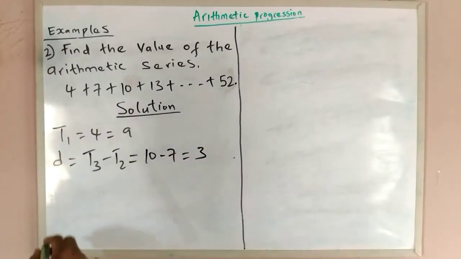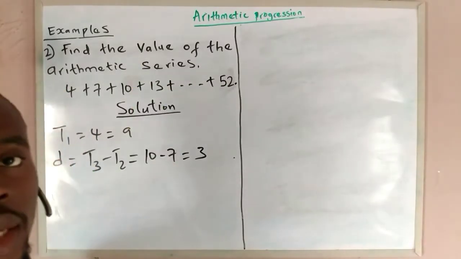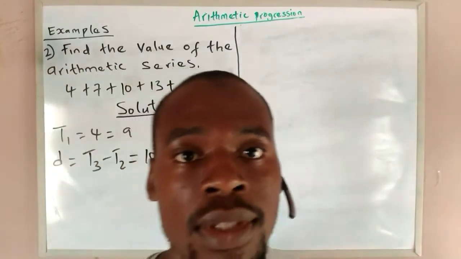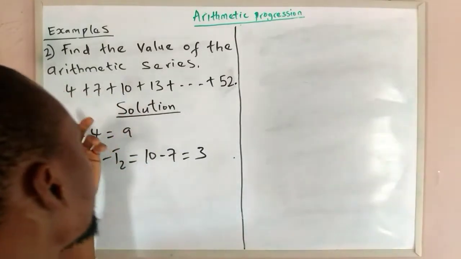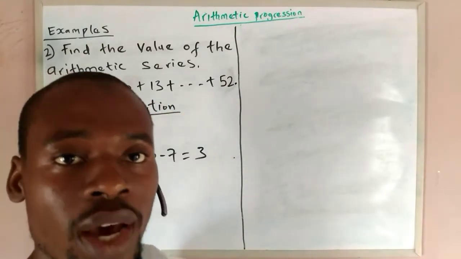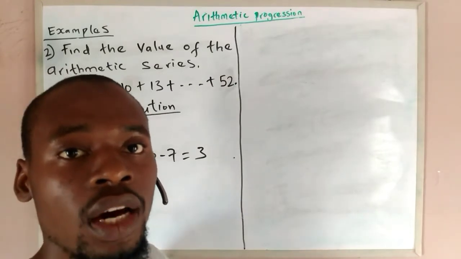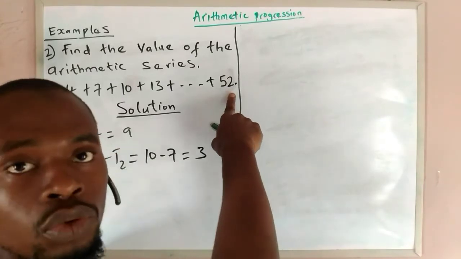And now, for us to get the value of this series, we need to know how many terms we have in the series. And since we are not given the number of terms in this series, we have to find it ourselves. Then how do we get that? The last term of the series is 52.